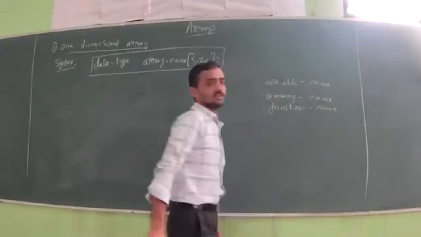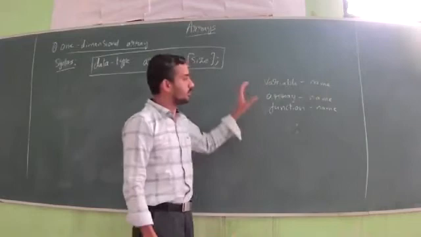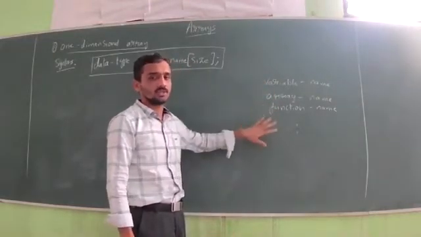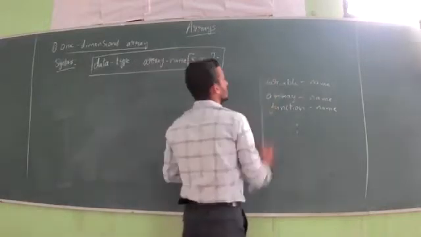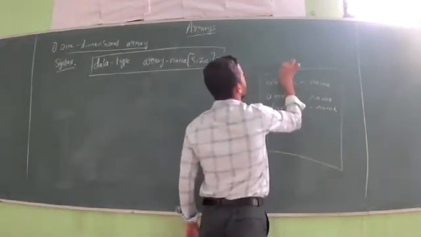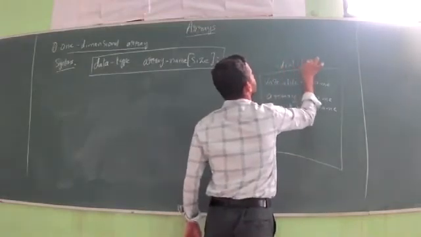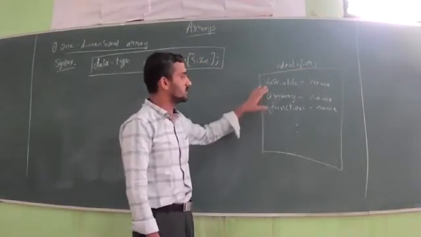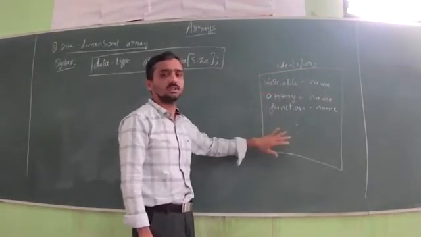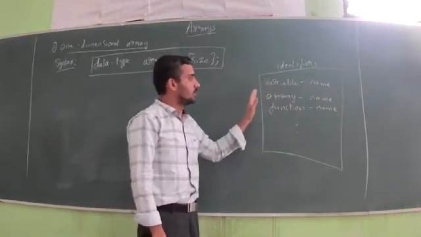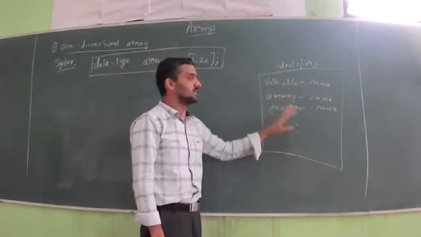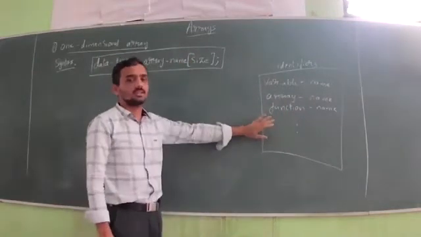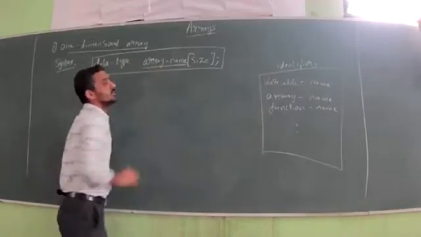These are all programming elements: variable name, array name, function name, class name, object name, structure name. They all come under the concept called identifiers. So the array name is nothing but an identifier.